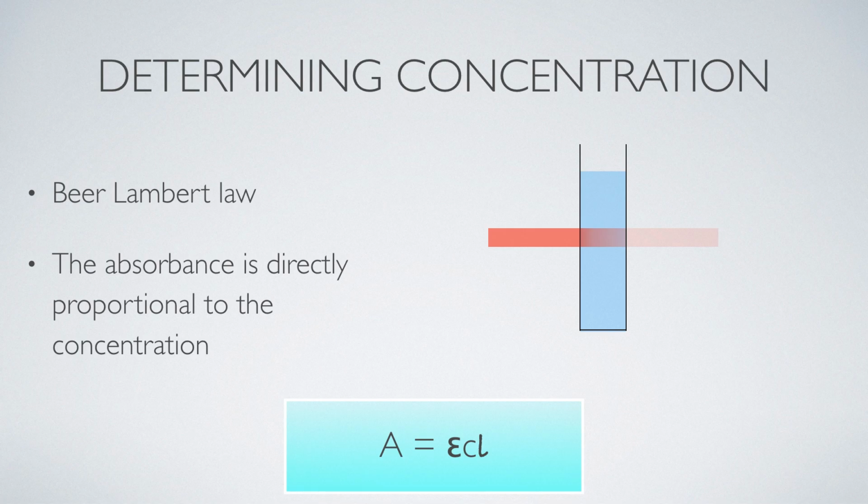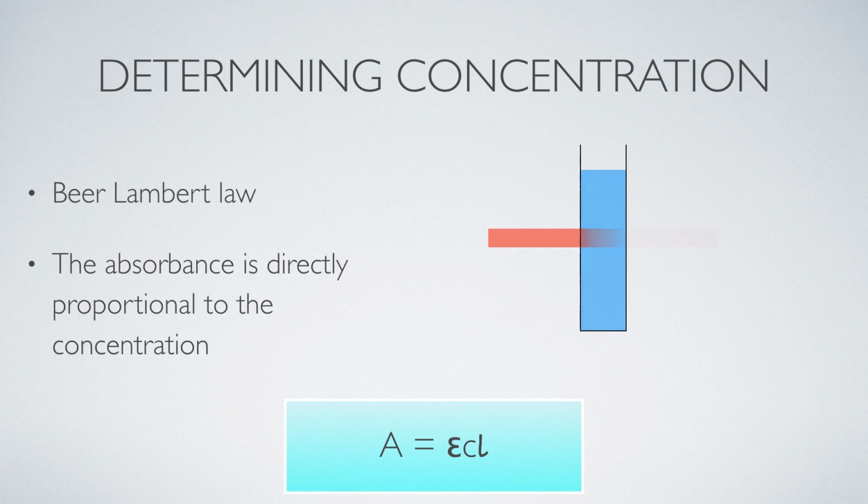And so part of the experiment is for us to determine a good wavelength for curcumin absorbing, and then to work out just how much light curcumin is absorbing at that wavelength. And we can calibrate this, and therefore I can work out what the curcumin concentration is in my unknown sample. The Beer-Lambert law is saying that the amount of absorption in my sample is directly proportional to the concentration of my chromophore, of my curcumin.